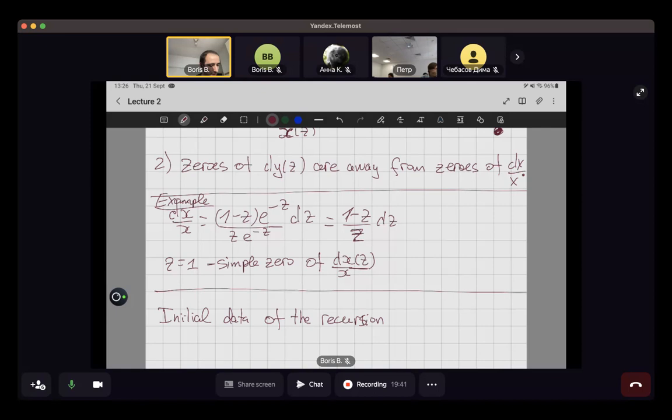Who is sigma i? Again, I should move this formula a bit.